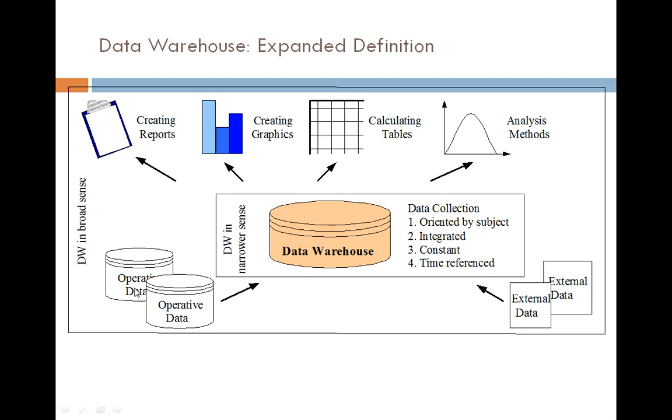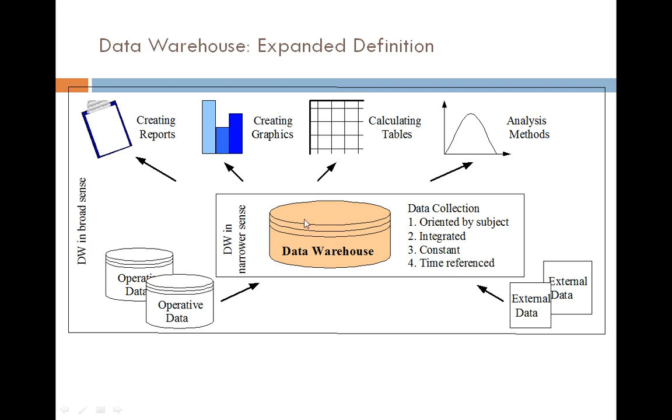So this operative data and external data is nothing but our different source systems where we are going to read the data from. And the center layer is called the data warehousing. So the data warehousing system is built based on this definition: subject-oriented, integrated, non-volatile, and time-variant.